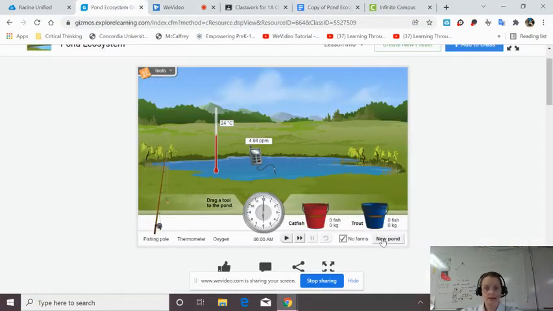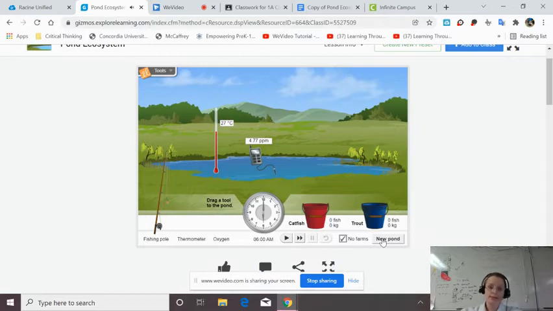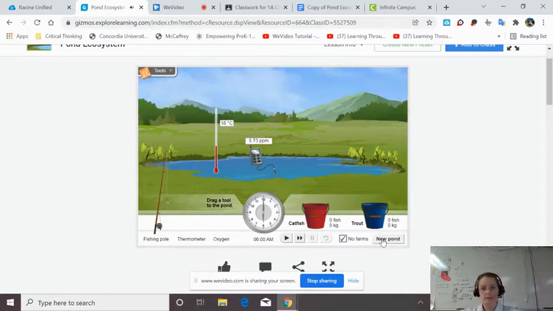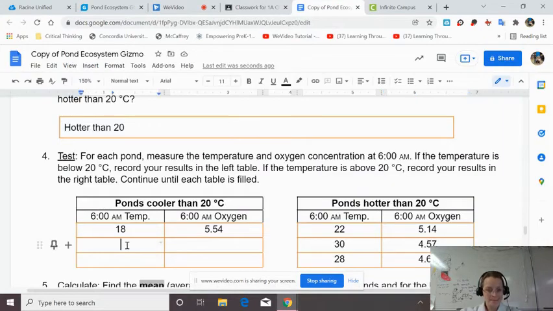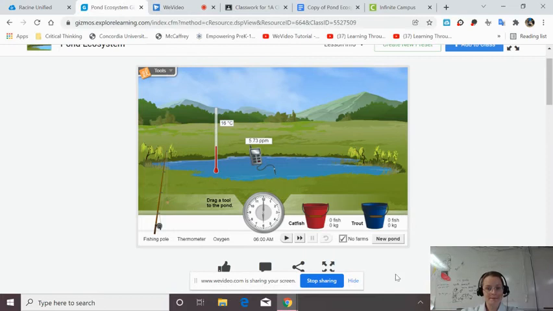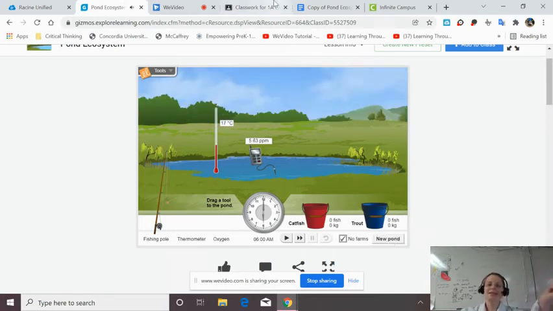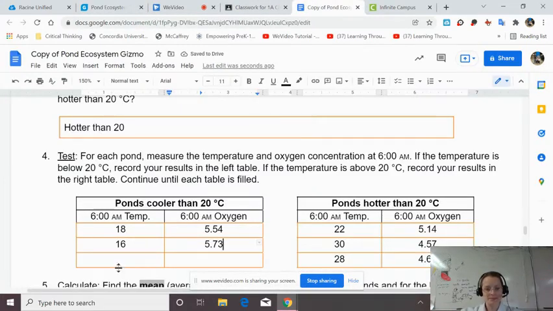Okay, so new pond, 24, can't use it. 27, 22, 33, 16, and 5.73. 16 and 5.73. Let's do it some more. New pond, 17, yes, and 5.63.